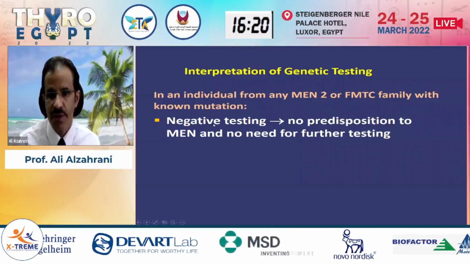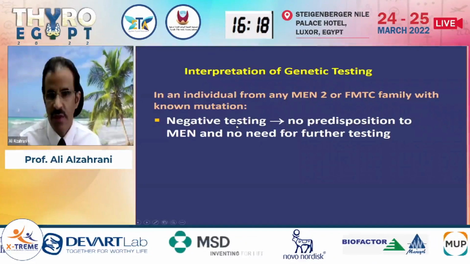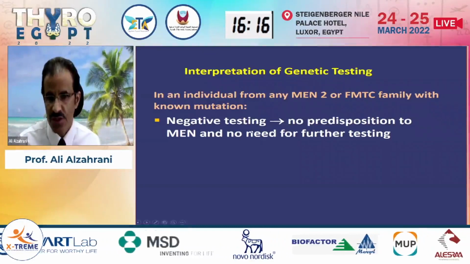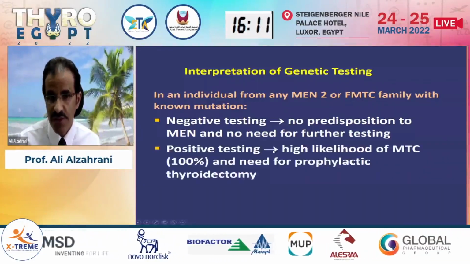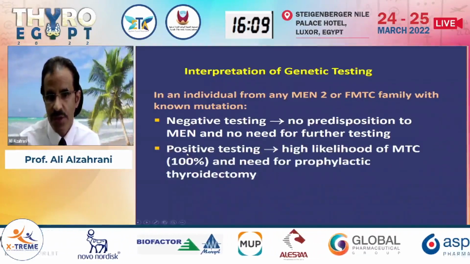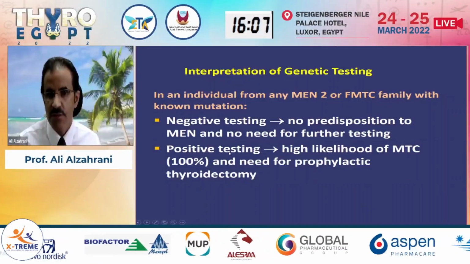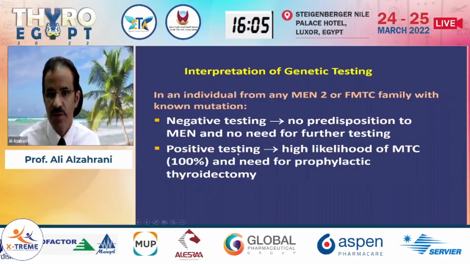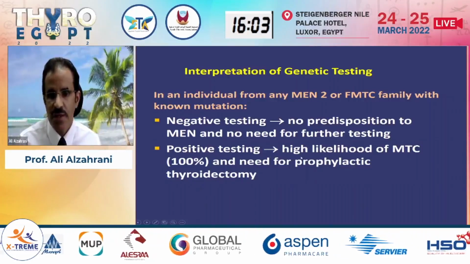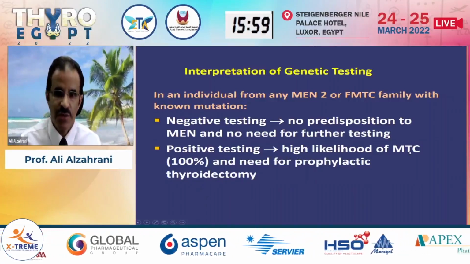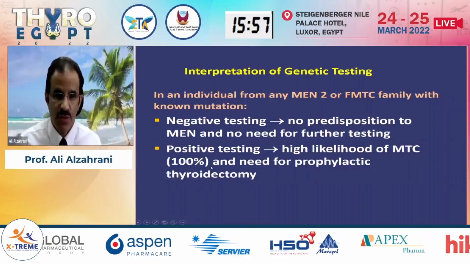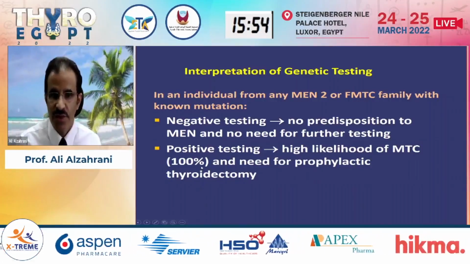He can be reassured that he has no increased risk. His risk is similar to the rest of the population. By contrast, if the RET oncogene testing turns out to be positive, then this subject has a high likelihood of medullary thyroid cancer in the future, almost 95 to 100% likelihood.